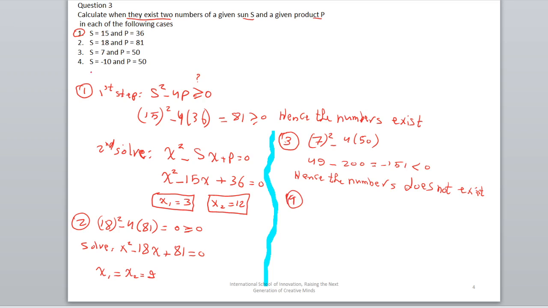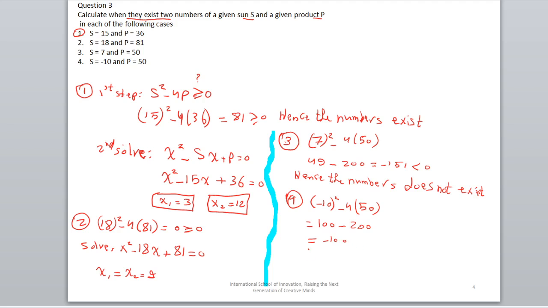Number 4: s is minus 10, so minus 10 square minus 4p. What is p? 50. So minus 10 square minus 4 times 50. Let's calculate: minus 10 square is 100, and 4 times 50 is 200, so it comes out minus 100.